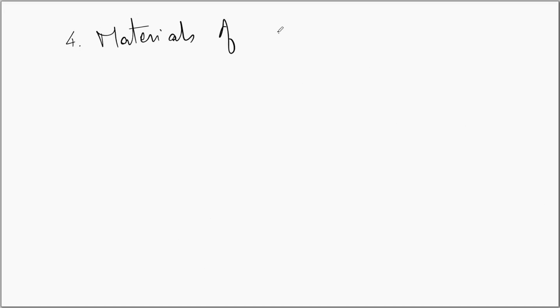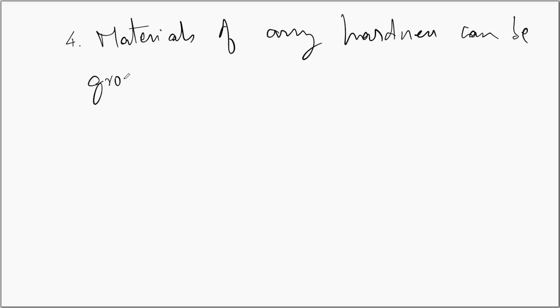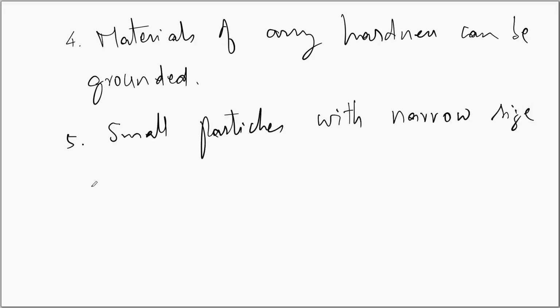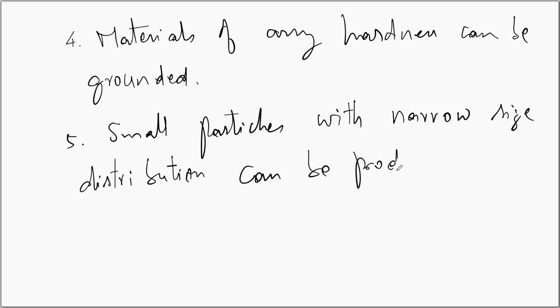Materials of any hardness can be ground. Small particles with a narrow size distribution can be produced. Size distribution means we are referring to the statistical distribution. The size distribution ranges from 2 to 20 nanometers. So these are some of the advantages of ball milling.